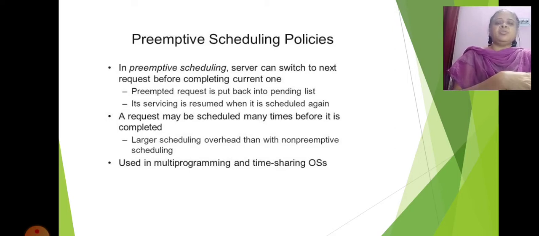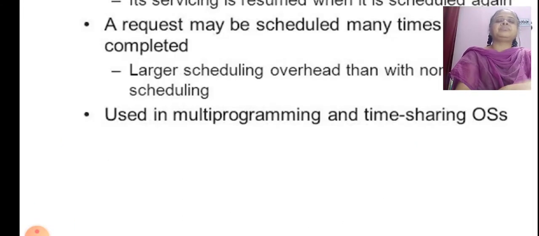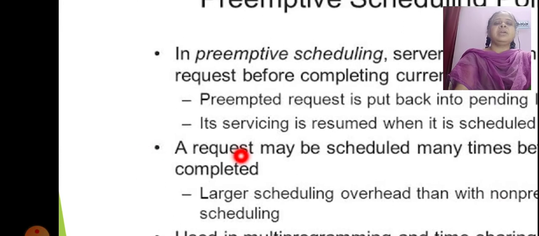There are larger scheduling overheads than with non-preemptive scheduling. Preemptive scheduling policies are used in multi-programming and time-sharing operating systems. Actually, based on the condition, the type of operating system and type of programming, the scheduling policy, whether preemptive or non-preemptive, is chosen. So this is to be kept in mind.